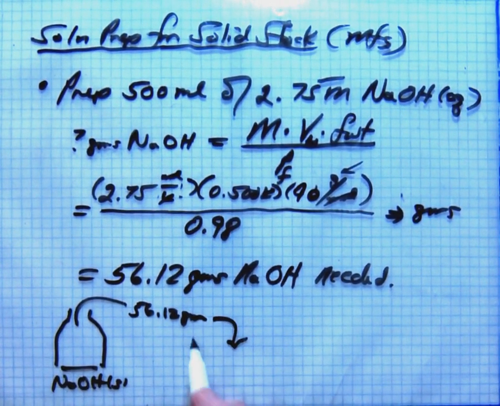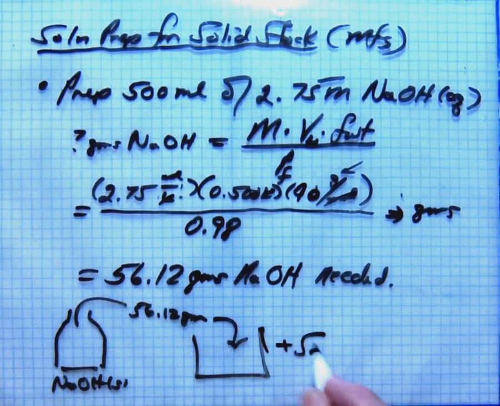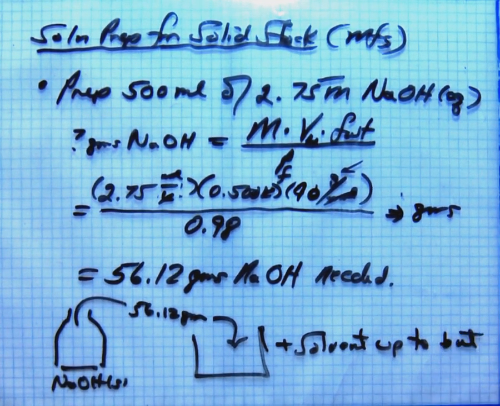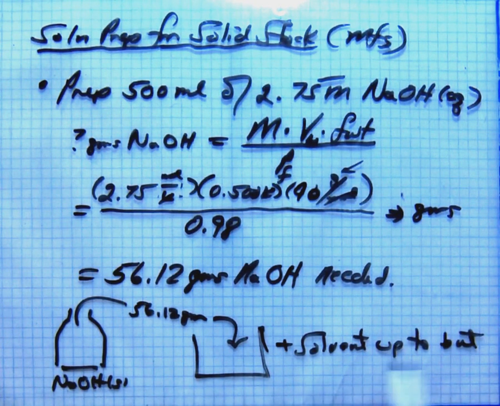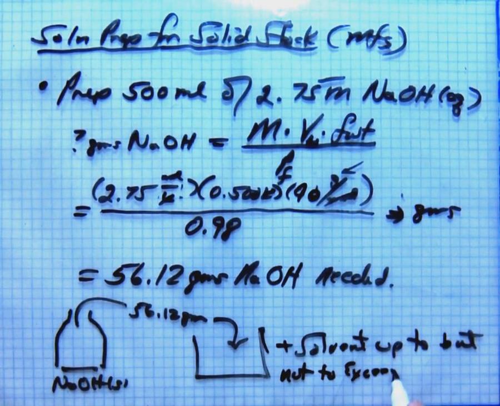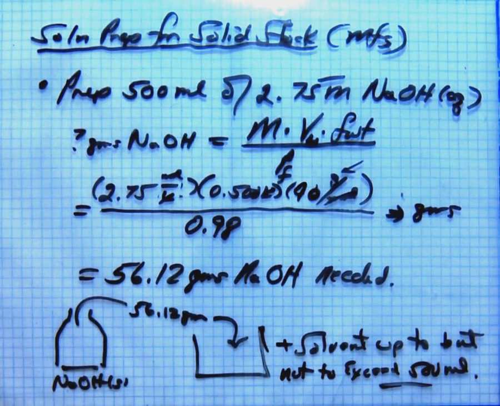You're going to transfer that into your beaker, and then you're going to add solvent up to, but not to exceed, 500 milliliters total. And then you'll transfer it to a stock bottle, put a label on it, date the solution, and stick it on the shelf. And that's it for making from solid stock.